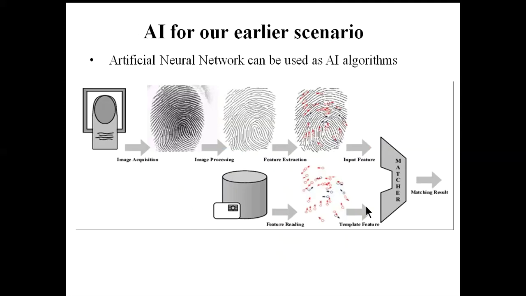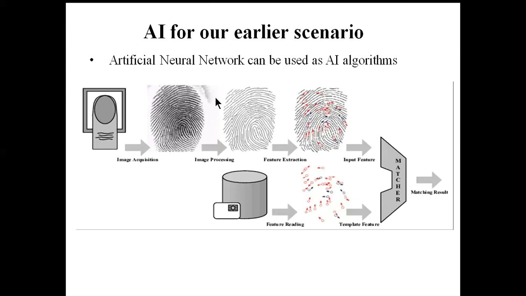Now let's see how our earlier example works using an AI based system. In the fingerprint based lock system, first of all we give our fingerprint to the scanner of the smartphone, where the image of your fingerprint is acquired.